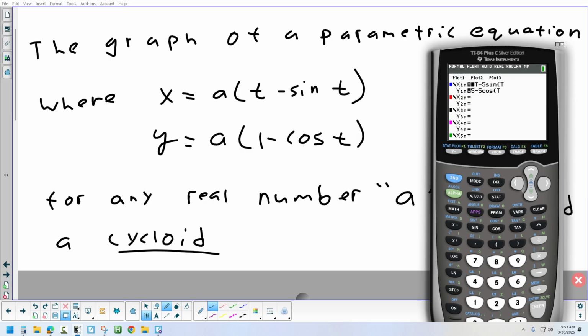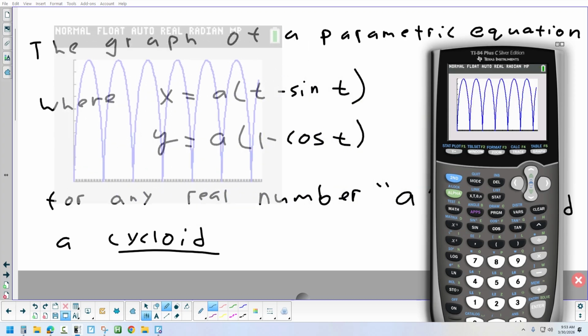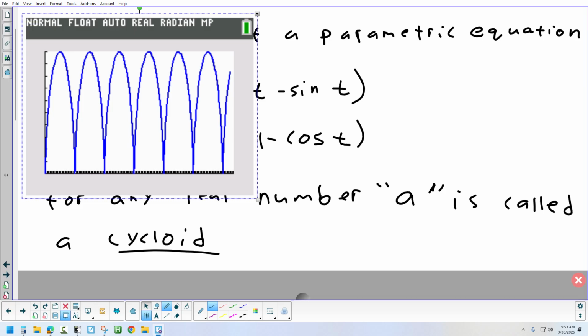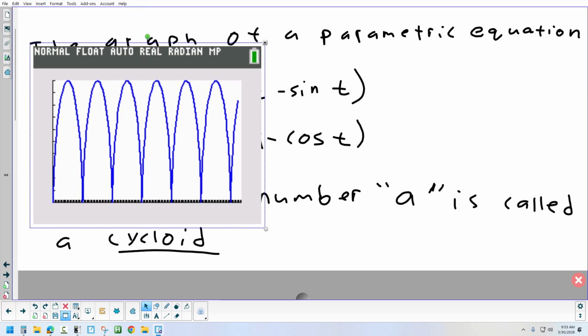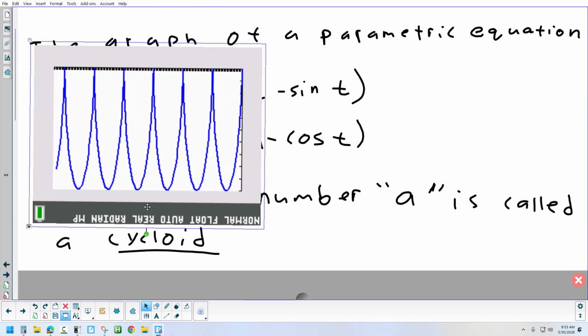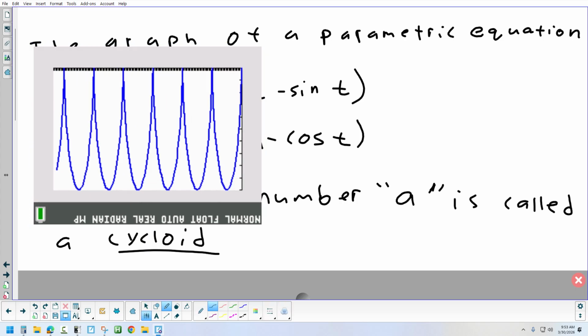And kind of the interesting thing about a cycloid is if you take this and rotate it like that. The curve that you get right here, dropping down, that is the fastest possible curve you could ever have if you wanted a ball that would roll down and hit the bottom in the quickest amount of time.